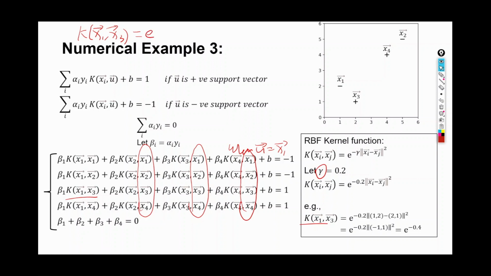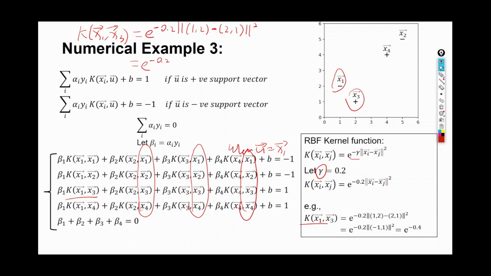So e to the power of -0.2, and then the double pipe of x1 minus x3. x1 is (1, 2), x3 is (2, 1). Then squared, and find the L2 norm.